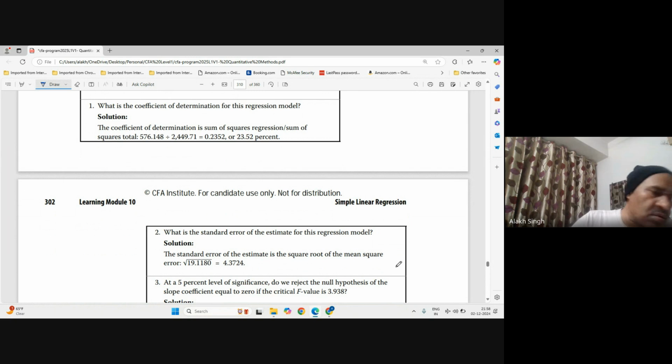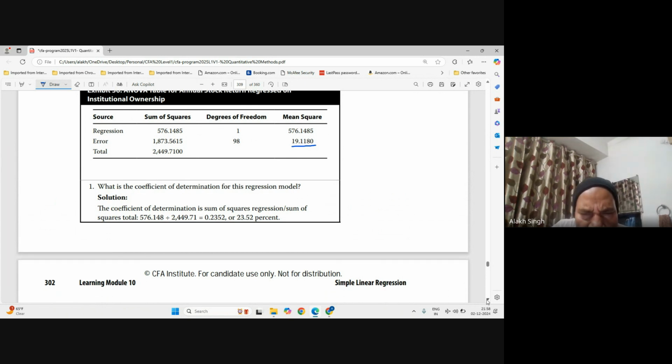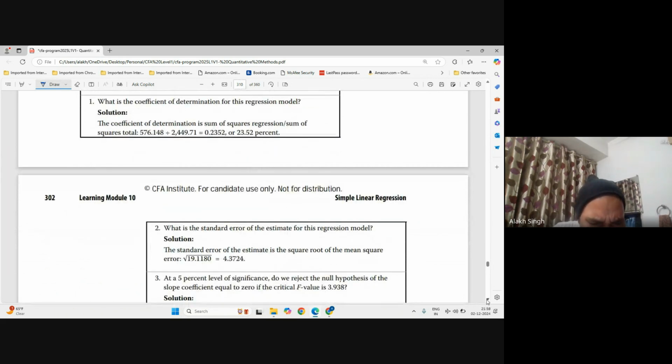So that is the critical value of F. Let's calculate F. We have the regression mean sum of square and the error mean square, so this divided by 19, we will easily get F. How much does F come?